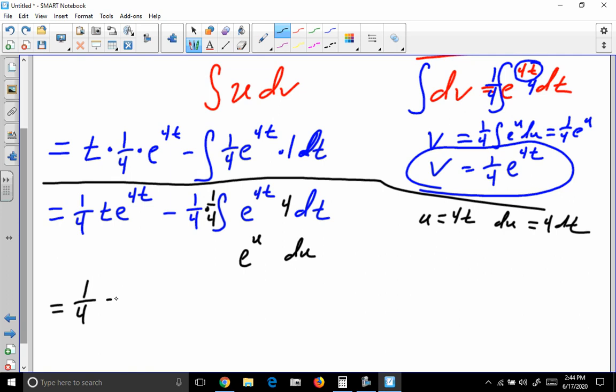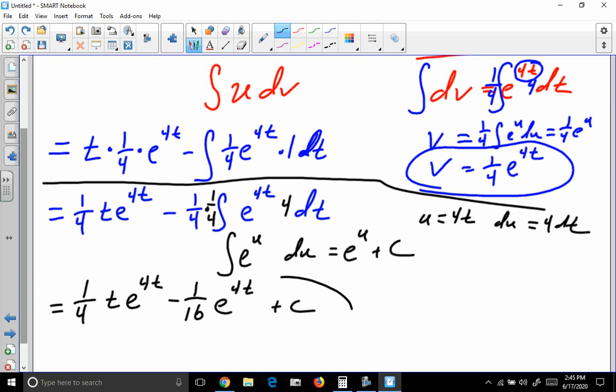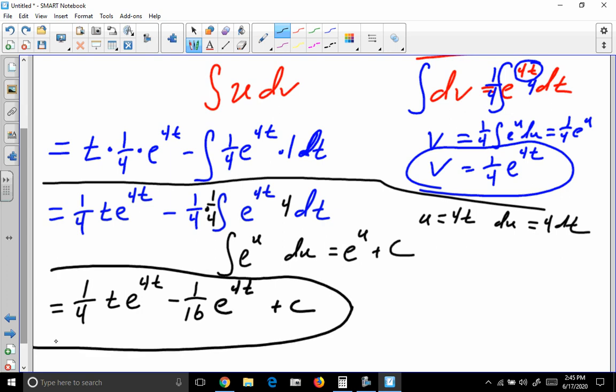We have 1/4 t e to the 4t minus 1/16, and when we integrate e to the u du, that just makes e to the u plus c. So in this case, e to the 4t plus c. No integrals left to do, so we're finished with that one.